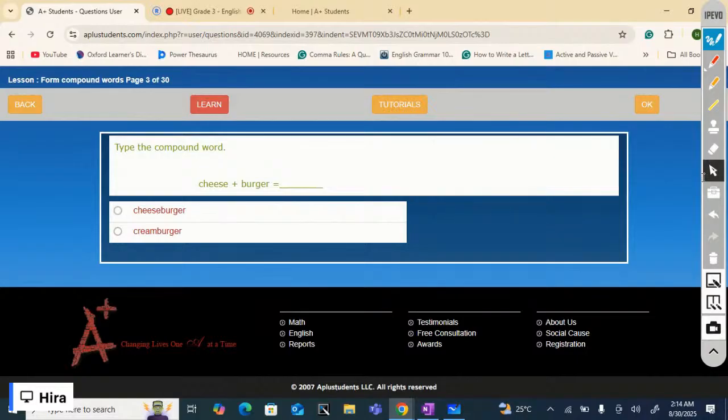If you form these two words, which compound word can we make? Yes, it's cheeseburger.